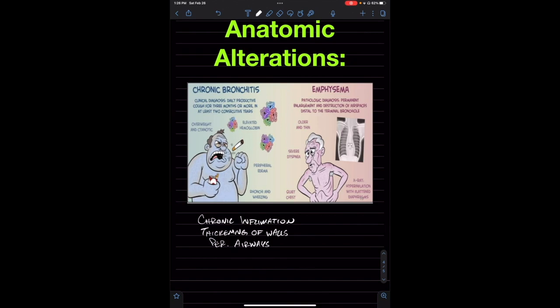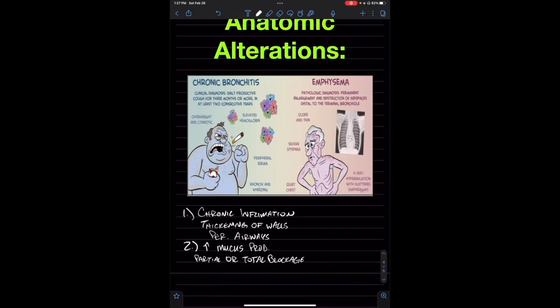Okay. Now, one of the other characteristics is partial and total mucus plugging of the airways. So we have increased mucus production that creates either partial or total blockage. Okay. And what else do we have here?